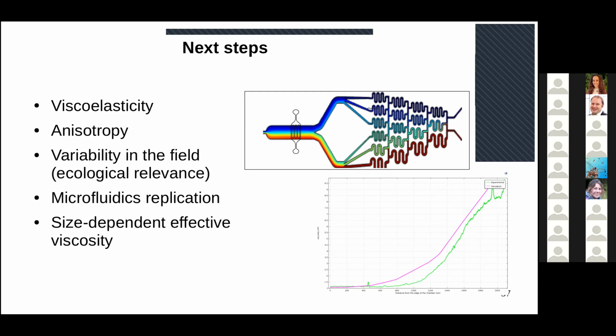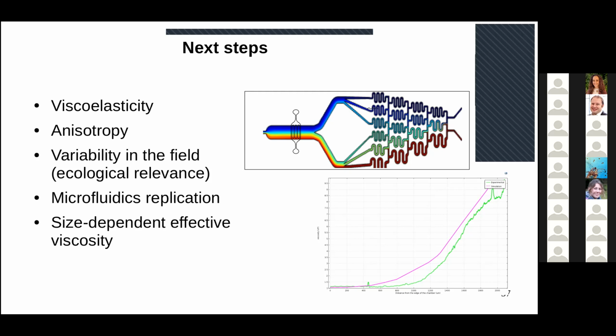And finally, we want to replicate what we did with this IBM model in the lab using microfluidics. For this, Sasi developed this microfluidic device, which is working very well, and we are now in the process of testing with bacteria.